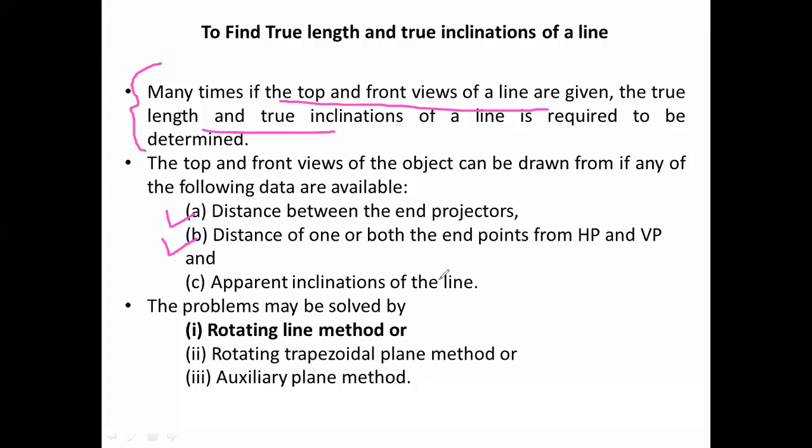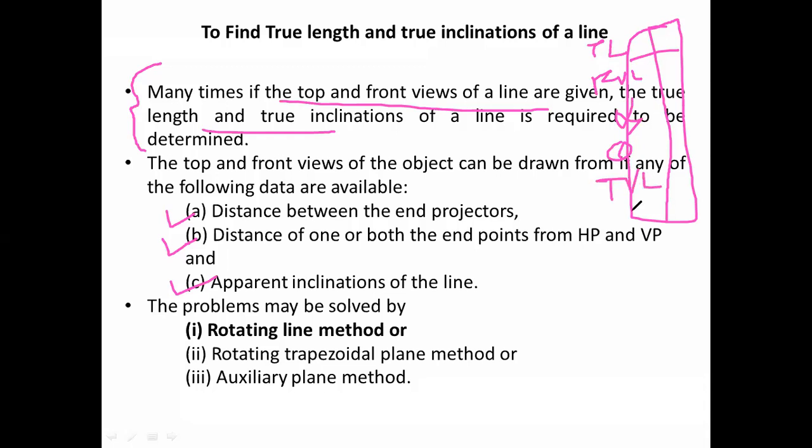Then apparent inclination must be there. What we have in the box is, first of all, true length, then front view length, alpha, theta, top view length, and beta. 1, 2, 3, 4, 5, 6, 7.